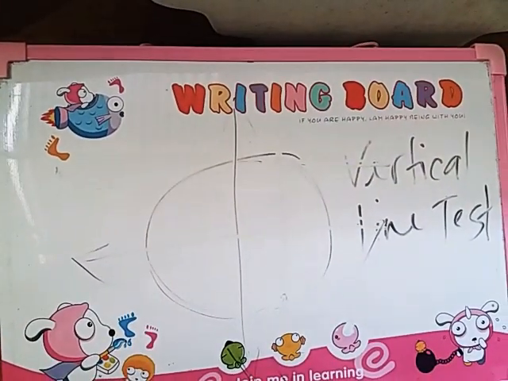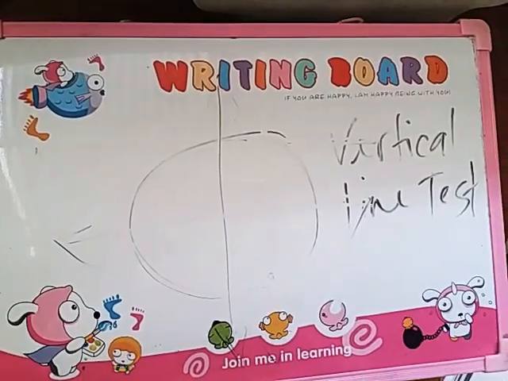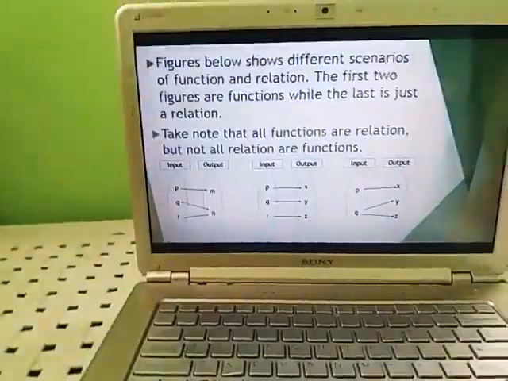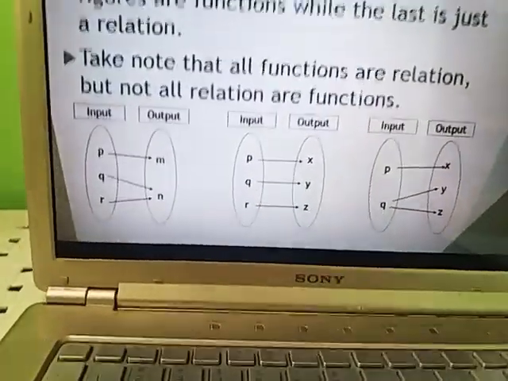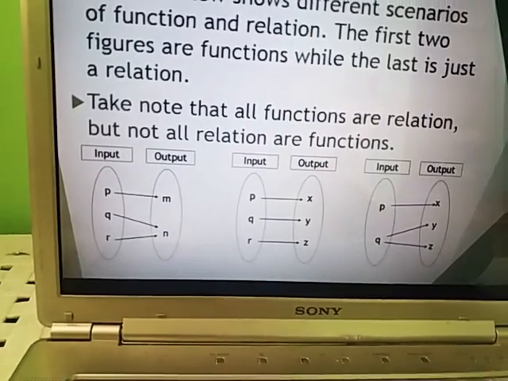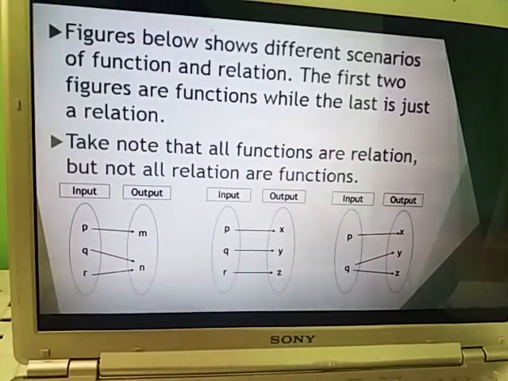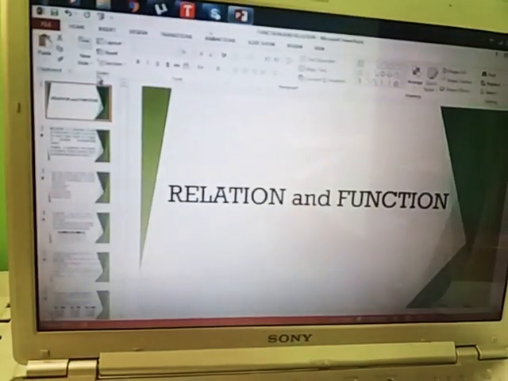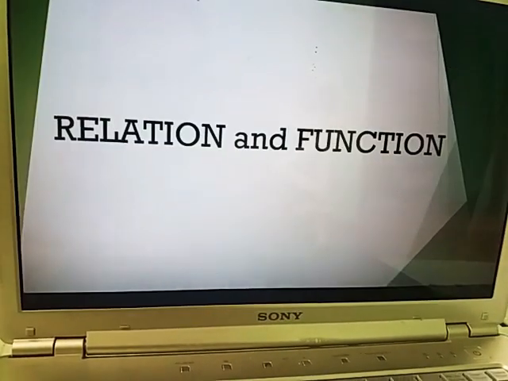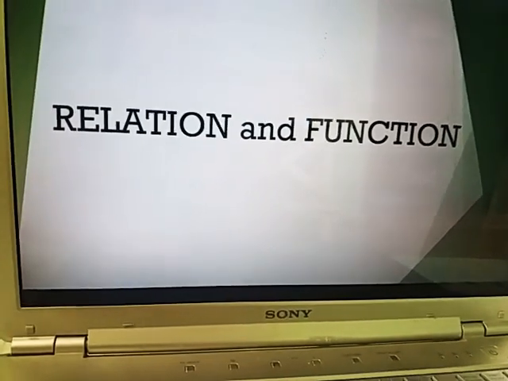Okay, so that's all for today's lesson about function and relation. But before that, I am going to give examples of function and relation. Okay, so yan. Examples of function and relation.